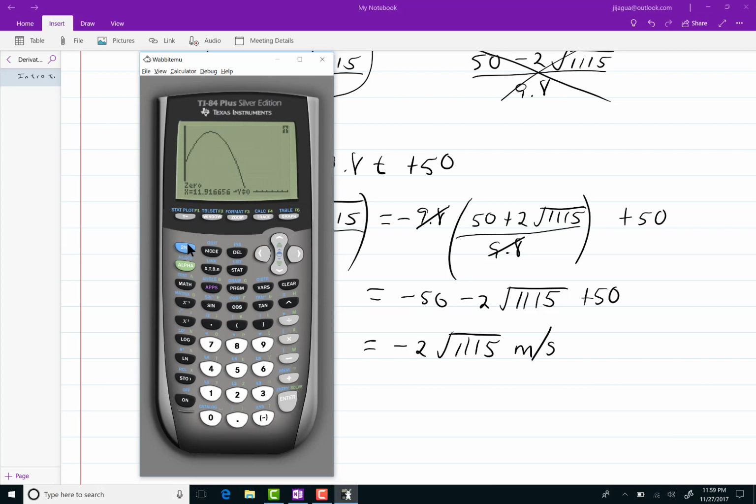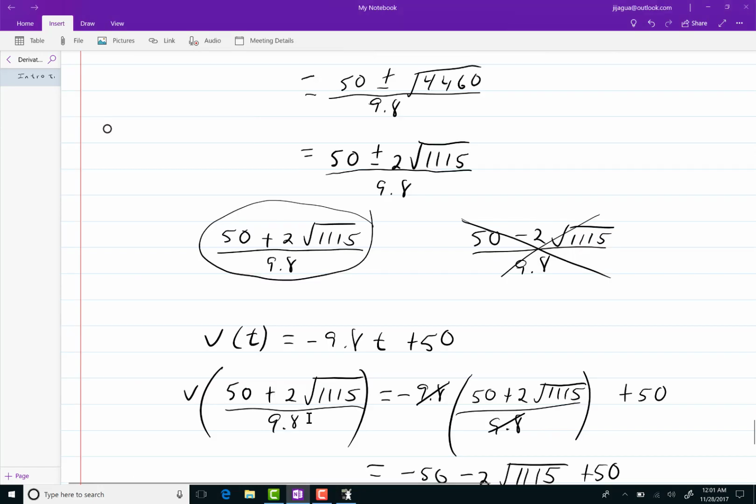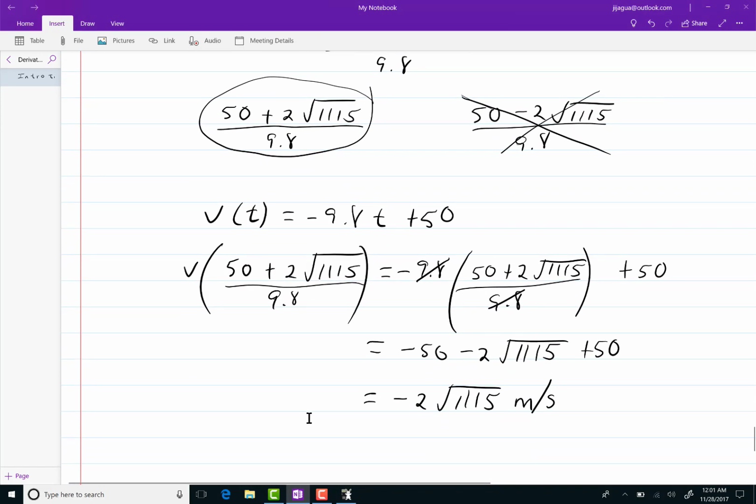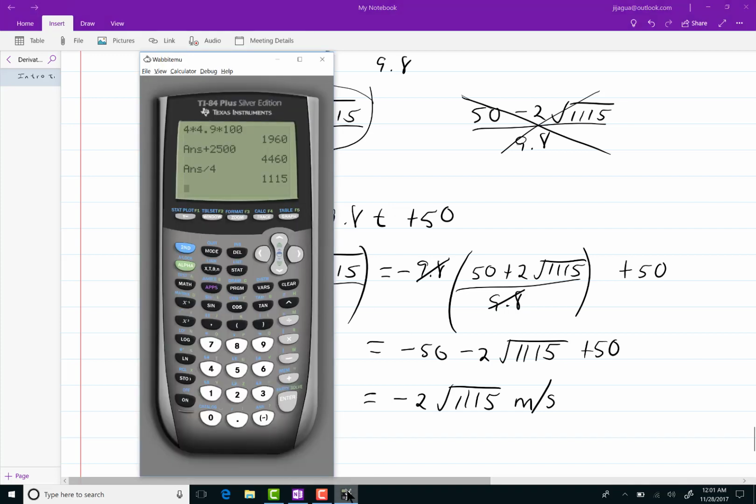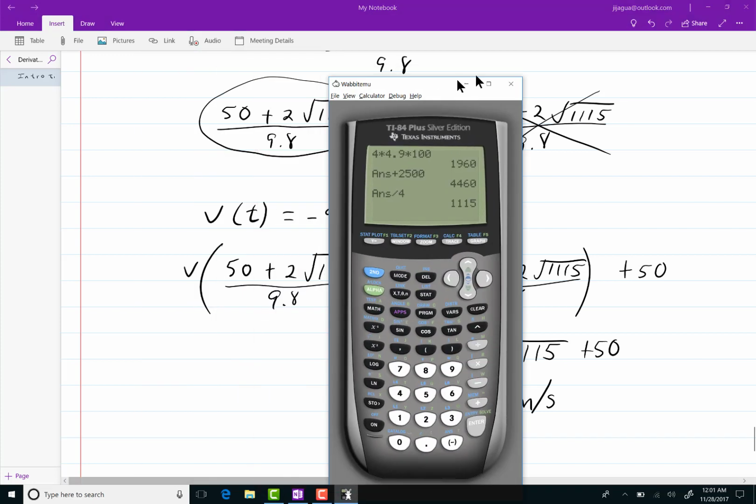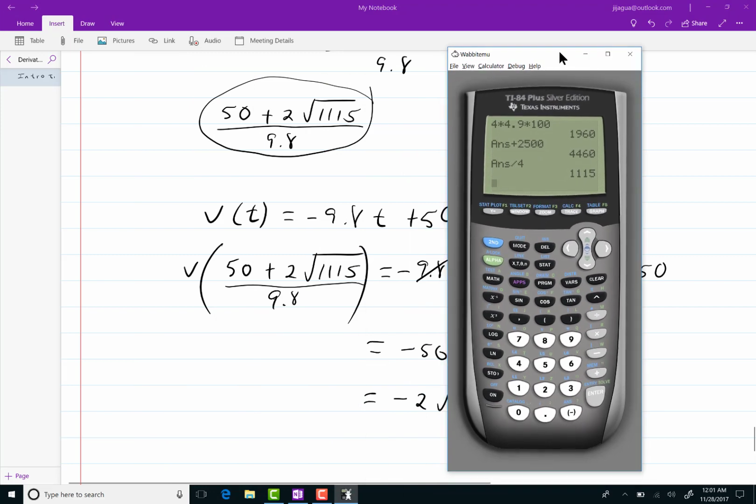So let's see if that number jives with this number. Remember that, 11.917. What I wanted, the number that I should have plugged in was this one. That's the one my calculator should tell me. This is the velocity, but the time it hits is this. So I'm going to make sure that jives with my calculator's value of 11 point something. Let's take a look at that.